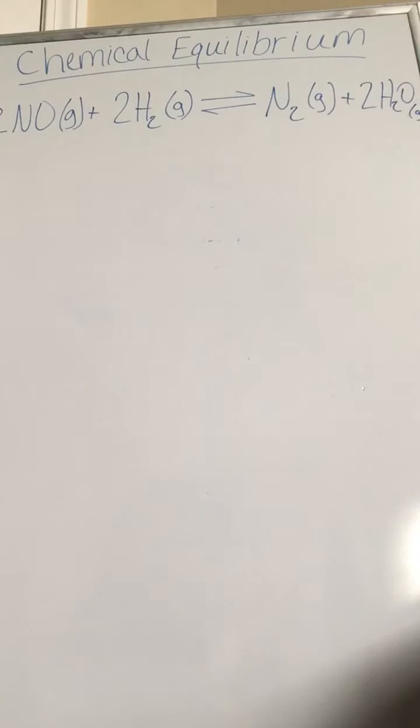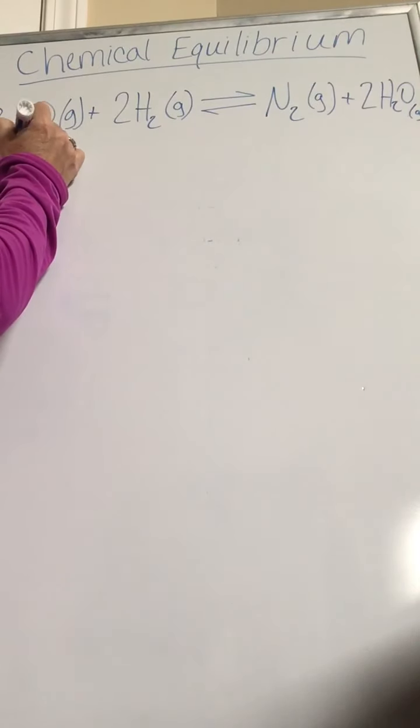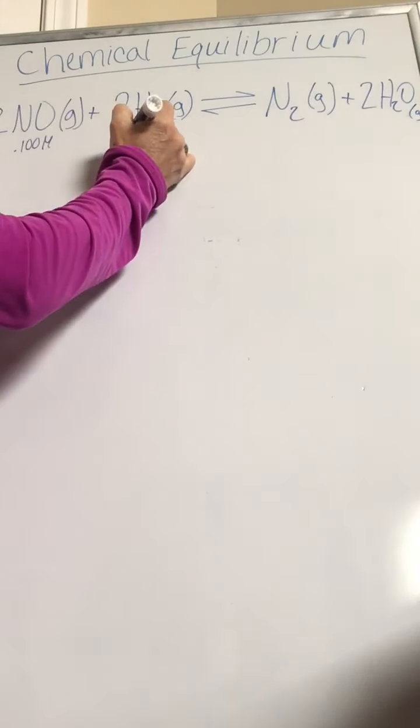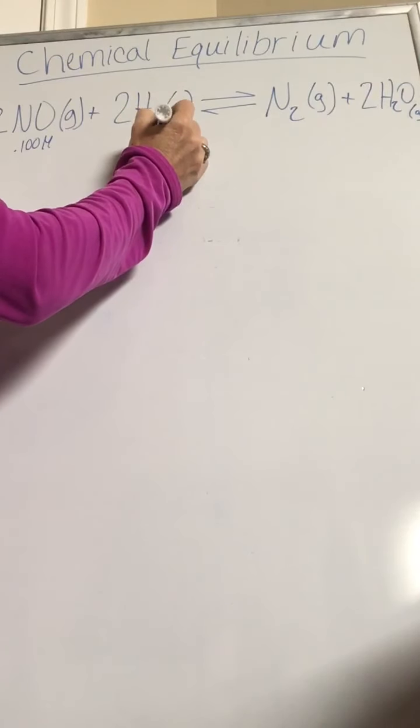All right. So it says, starting with 0.1 molar of the nitrogen monoxide and the hydrogen. Okay, so those are the two reactants. And it says at equilibrium. So we have the concentration. This is 0.100 molar. This is 0.100 molar.